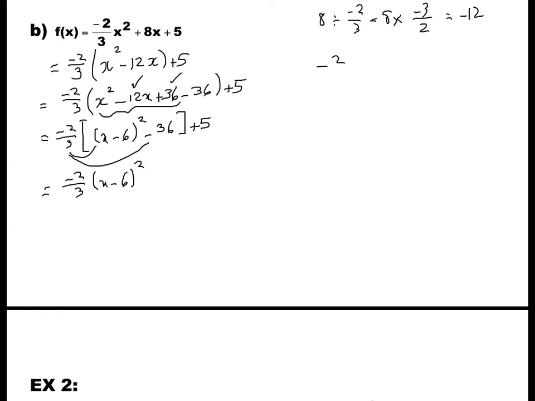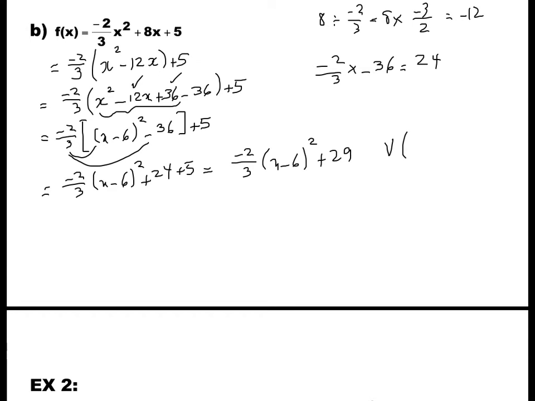Now negative 2 over 3 times negative 36. Negative times negative gives us positive. 36 over 3 is 12 times 2 is 24. So plus 24 plus 5, which is equal to negative 2 over 3 x minus 6 squared plus 29.